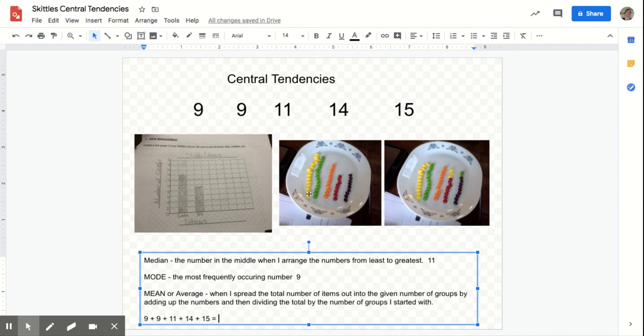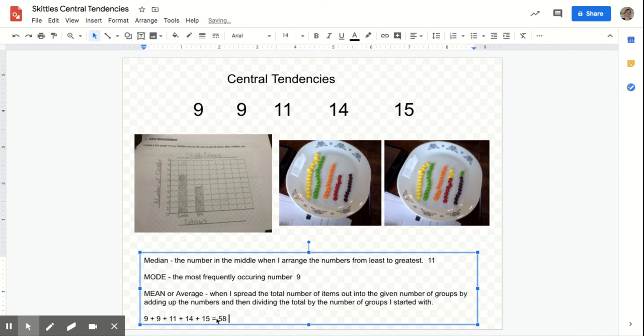Okay, so basically, this is what we've done. I've taken all these numbers, and I've made one big group out of them. And then I took that one big group. So first of all, 9 plus 9 is 18, plus 11 is 29, 43, 58.